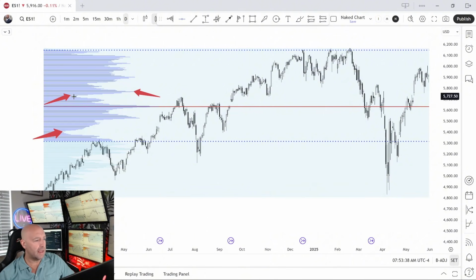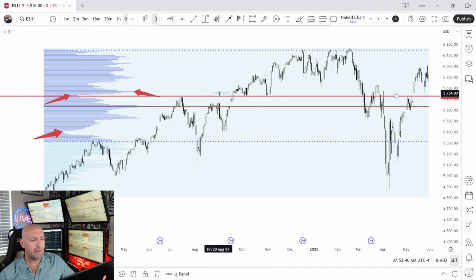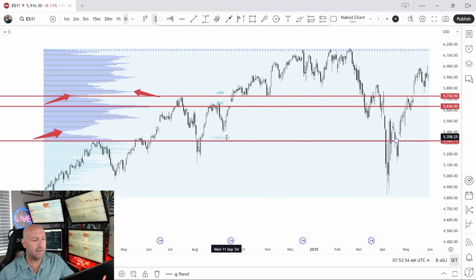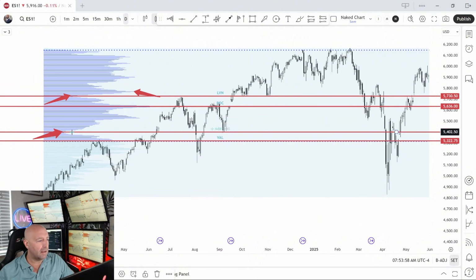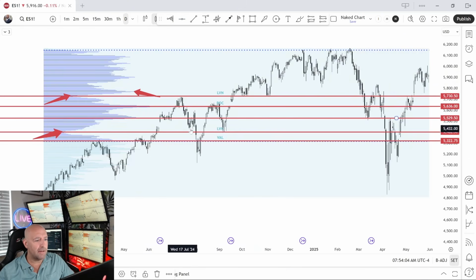So I'm going to put a low volume node here, LVN. Here's our point of control, POC. We'll want to put our value area low. We have another significant low volume node here. We have some significant high volume node here.